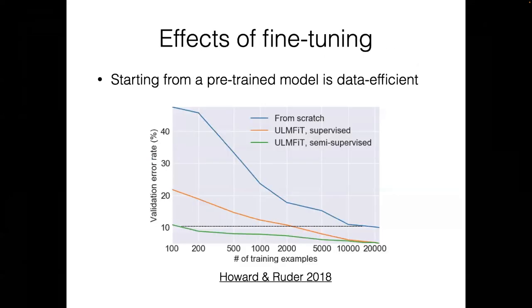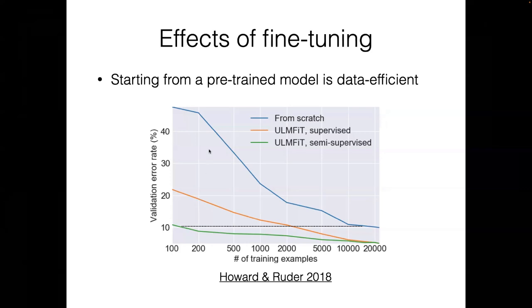Okay, so now let me just talk about a few effects of fine tuning. One is there's this question of why do we use a pre-trained model in the first place? And intuitively, it seems like a good idea. One concrete thing you could say is that typically the model becomes more data efficient.